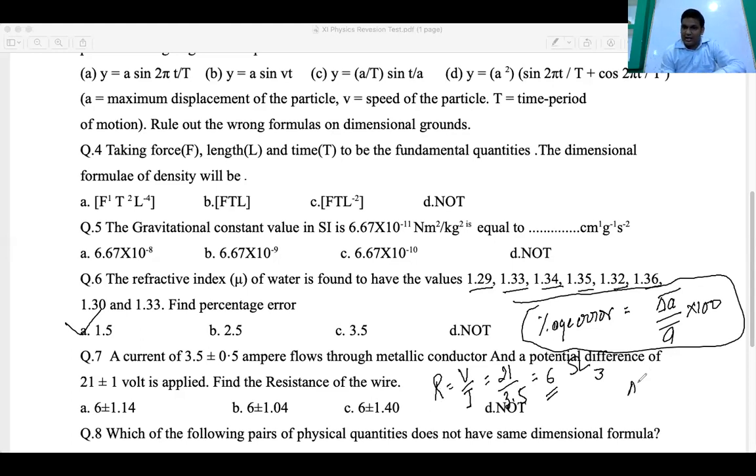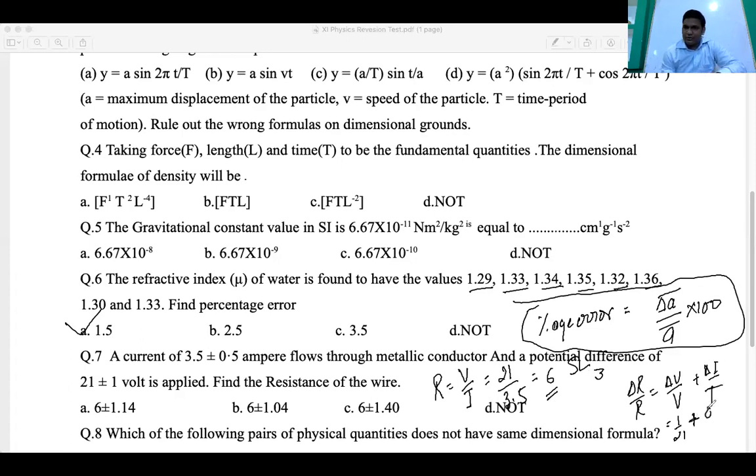So delta R by R will be delta V by V plus delta I by I, multiplied by R. Delta V by V is 1 by 21. The answer will be 1.14. Let me let you know the process.